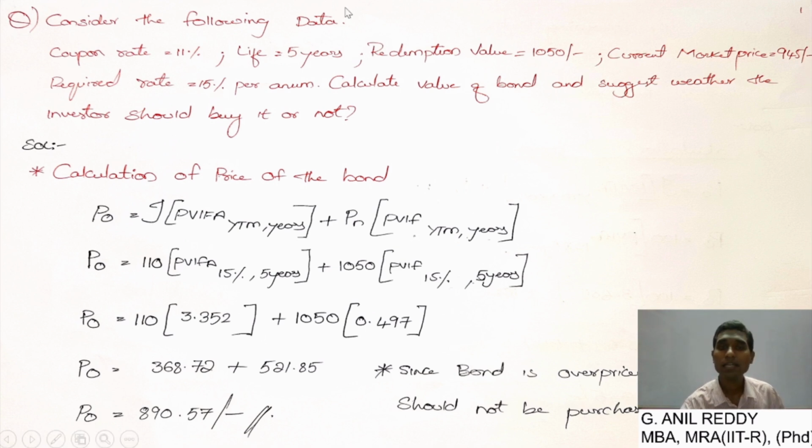Here the redemption value is 1050, so I have taken 1050, with the PVIF at 15%, 5 years. PVIF means A3 table, PVIFA means A4 table. So how to look up the table value? You need to see 15%, 5 years in the A4 table and 15%, 5 years in the A3 table.